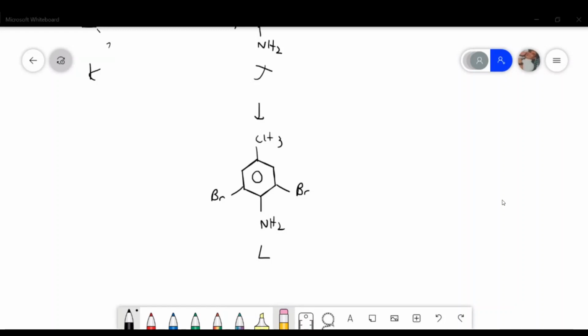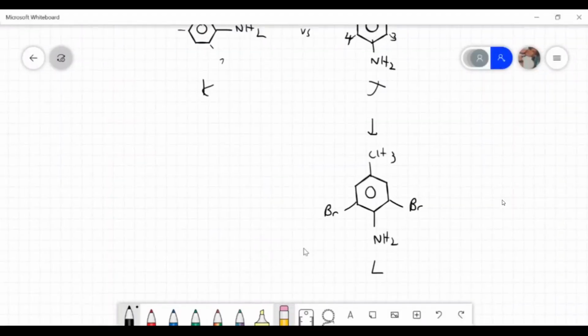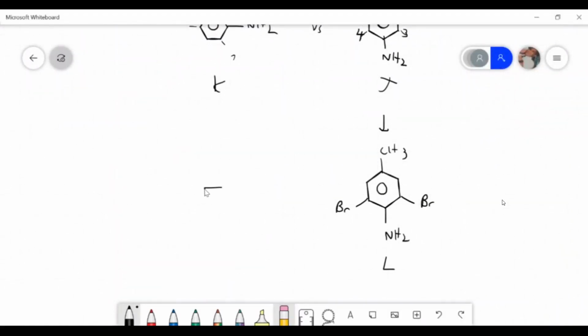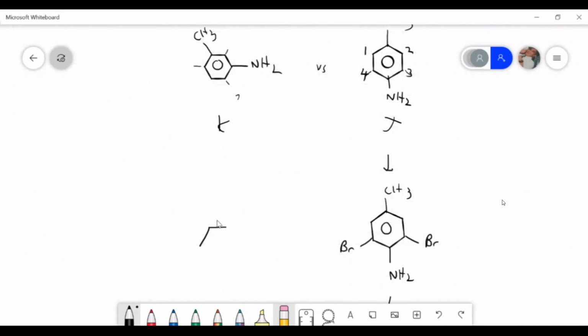And for the one on the right, it's the same thing, but now we have a CH3 here, or NH2 here.